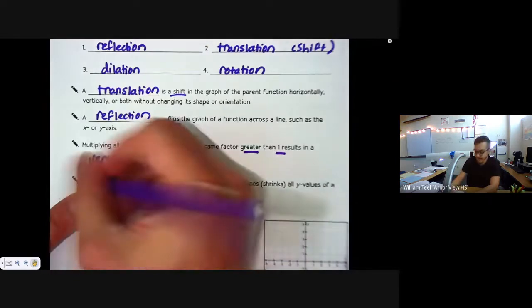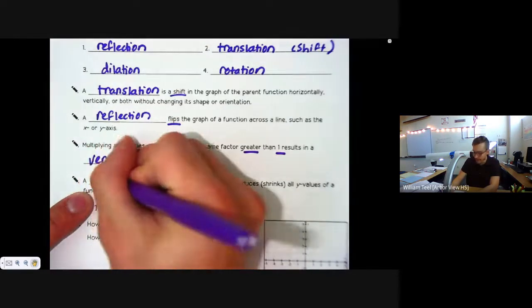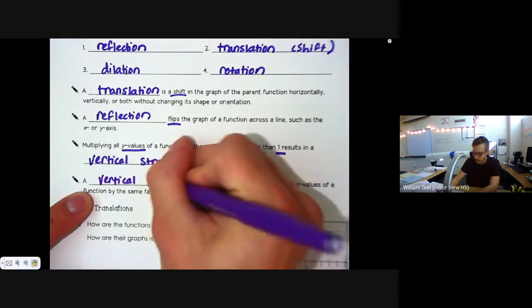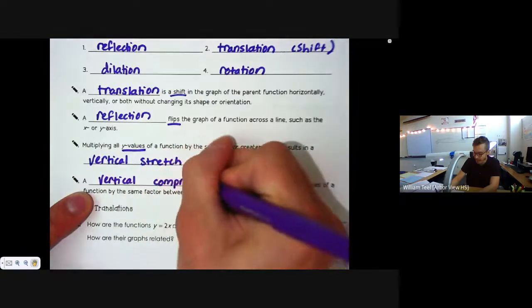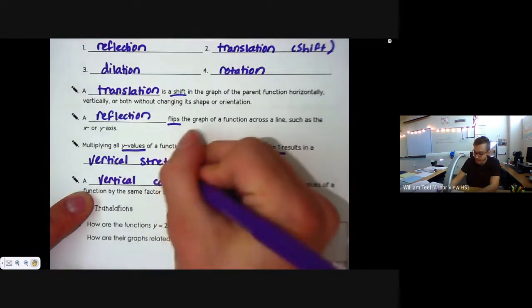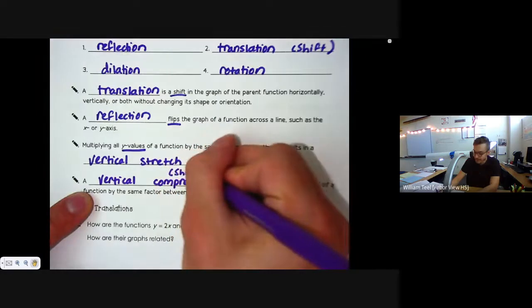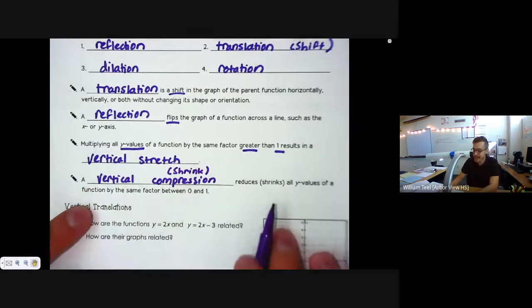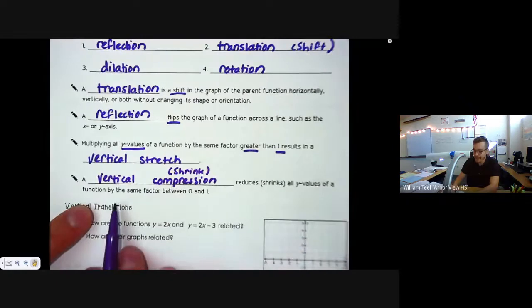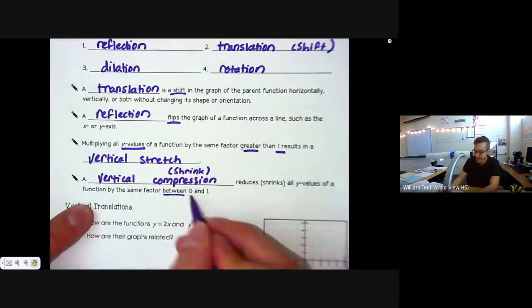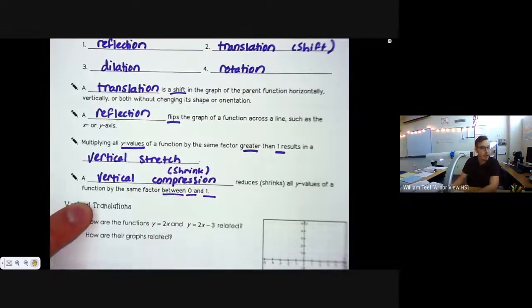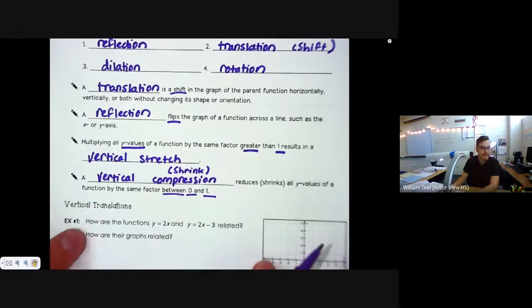Now, conversely, a vertical compression, or in other words, a vertical shrink, I might refer to that as a shrink today. A vertical shrink is a reduction in all y values of a function by the same factor between 0 and 1. And again, we will go over that in a little bit more detail later on today.